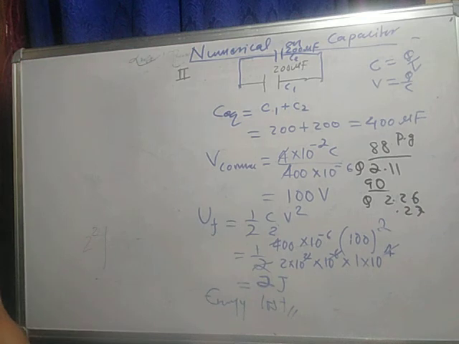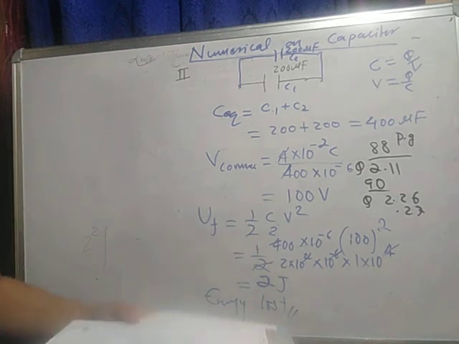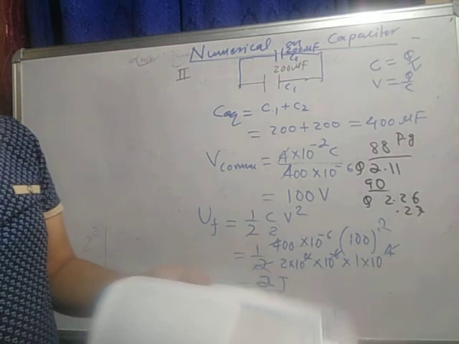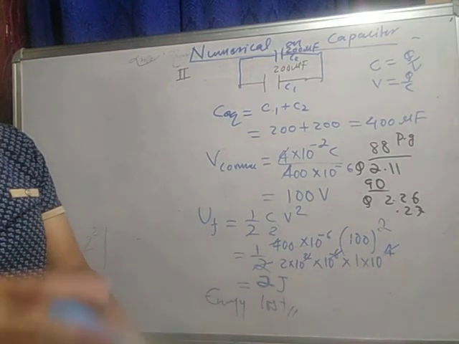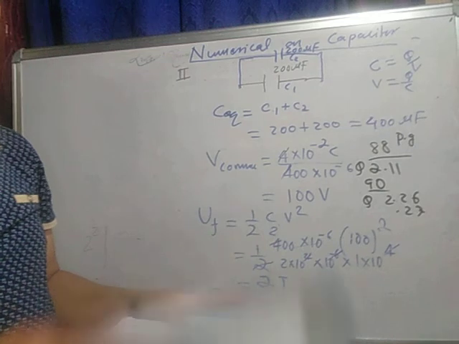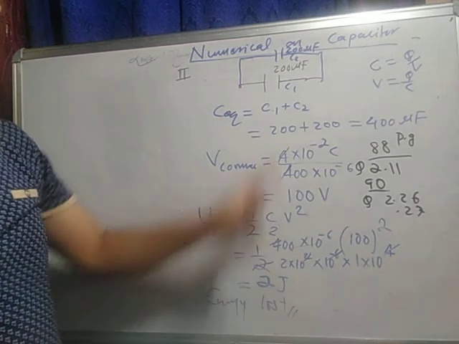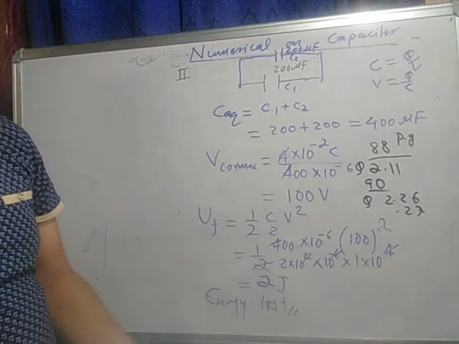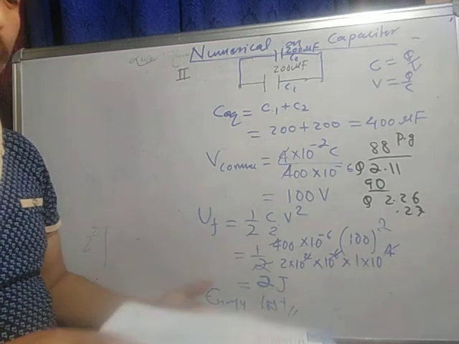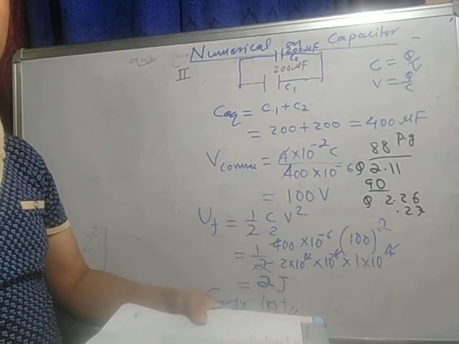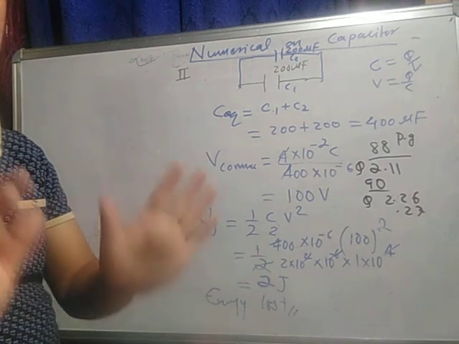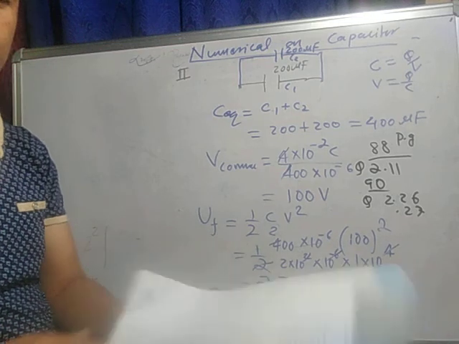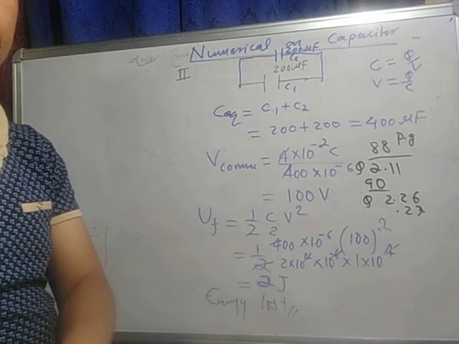If you solve this then you are good on this capacitor chapter. From the next class we'll start chapter number 3, and if you confuse or didn't understand this concept and this solution, we'll take another class. So next class we'll start chapter number 3 very soon, and it is current electricity.